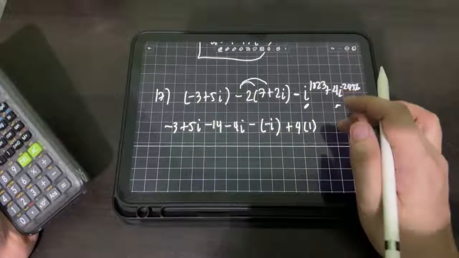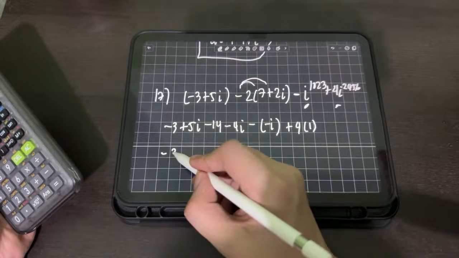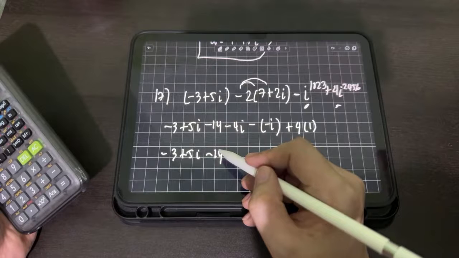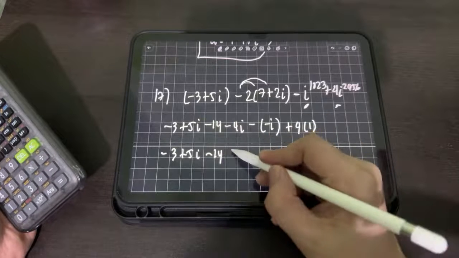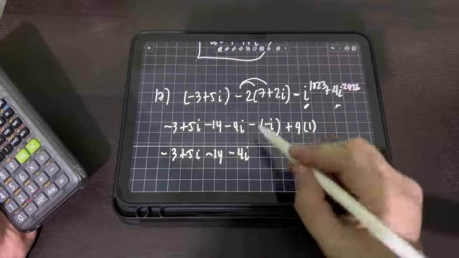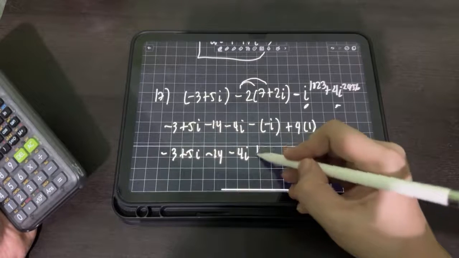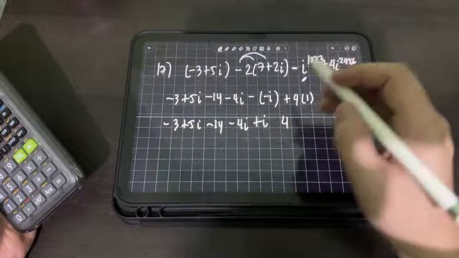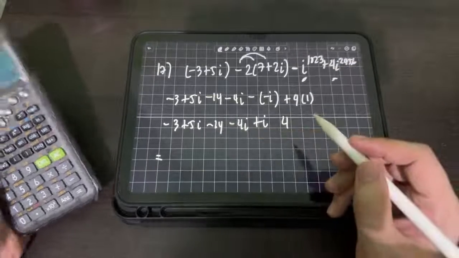Okay, so we can now simplify further. So negative 3 plus 5i minus 14 minus 4i, negative of negative i, positive i, then 4 times 1, 4. So combine the real part.